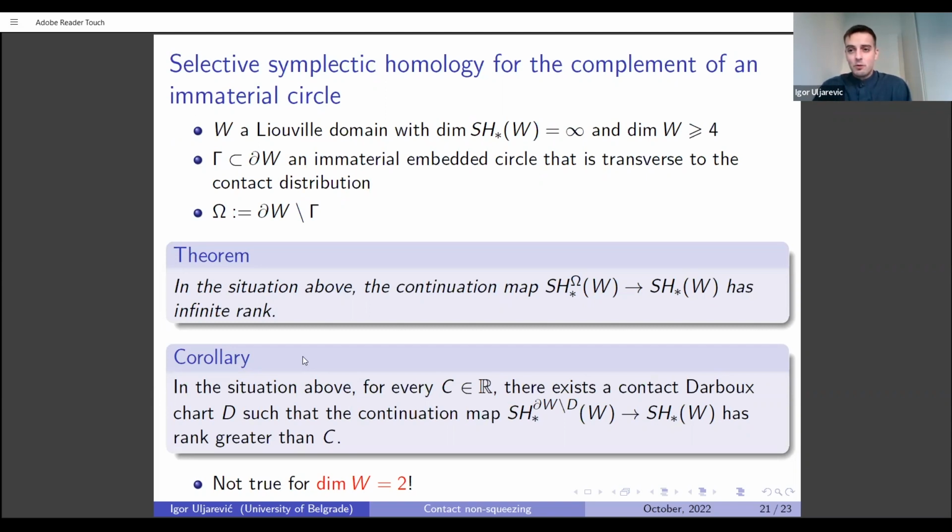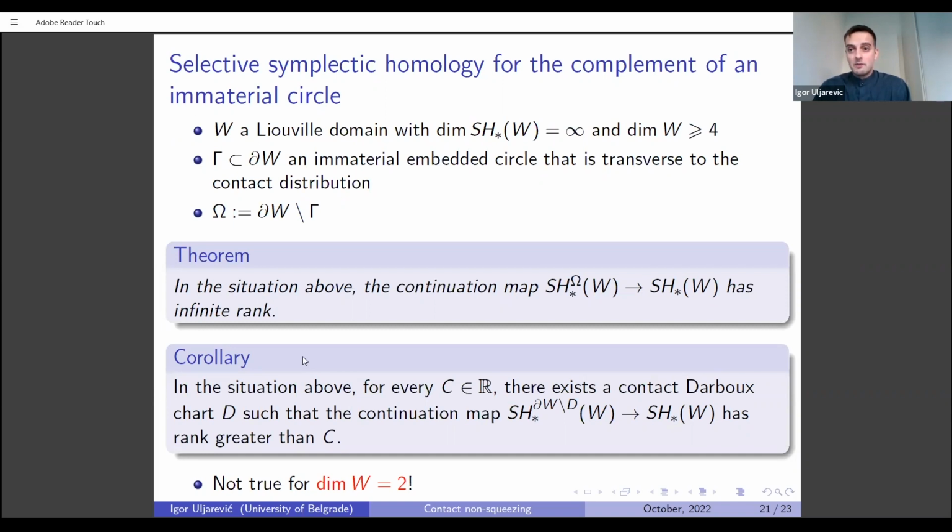The same proof goes through if I take an immaterial subset that is foliated by Reeb orbits, because in this case I can play with strict contact Hamiltonians, the ones that are fixed along Reeb orbits.